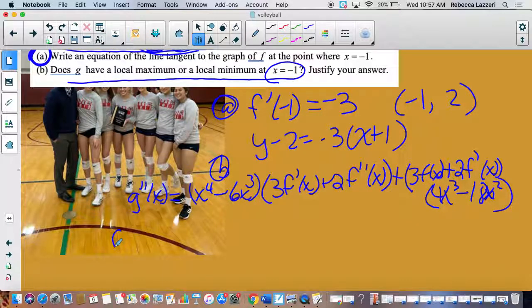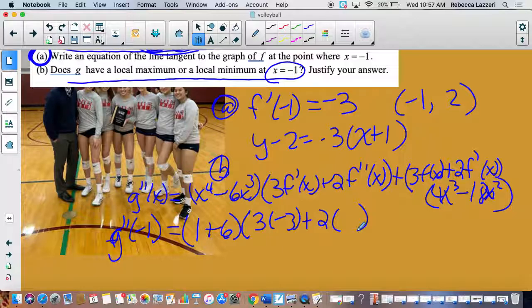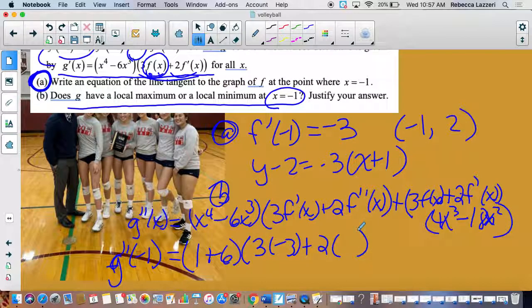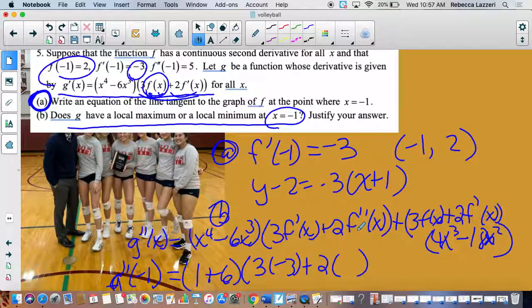All right, so now I need g double prime of -1. I guess the most aggravating thing in the world would be if I filled this in and got 0, then I would have had to go back and do a first derivative test. -1 to the 4th is 1 plus 6, -1 cubed, 3 times f prime of -1 was -3, plus 2 f double prime of -1 is 5.